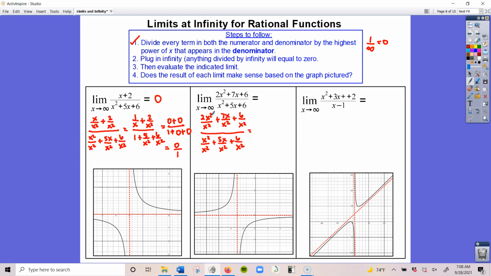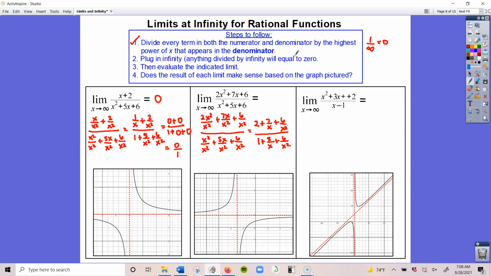Now we simplify. 2x squared over x squared is 2 plus 7 over x plus 6 over x squared, over 1 plus 5 over x plus 6 over x squared.